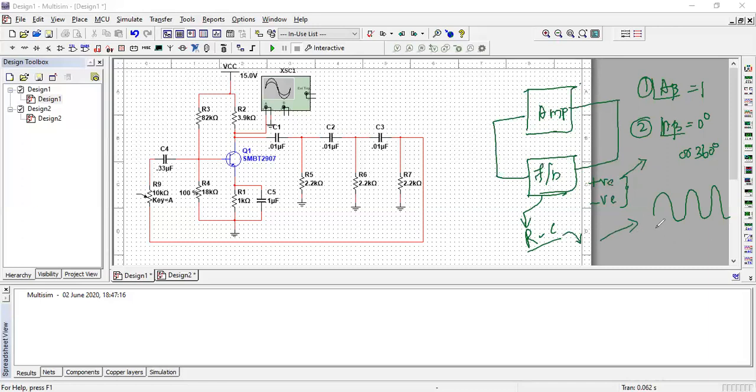What frequency has to be produced by the circuit has to be decided by the RC combination. That's why we are naming it based on the feedback circuit. So the feedback circuit is based on an RC combination, so we are saying it is an RC network. It can produce the undamped oscillating signal, so we can say it is an RC phase shift oscillator.